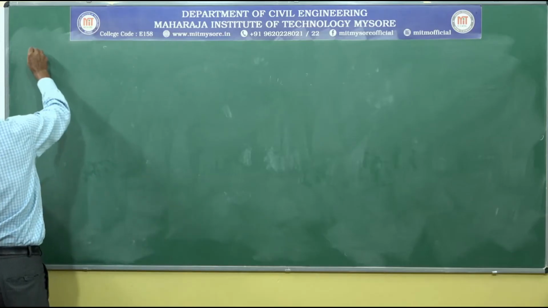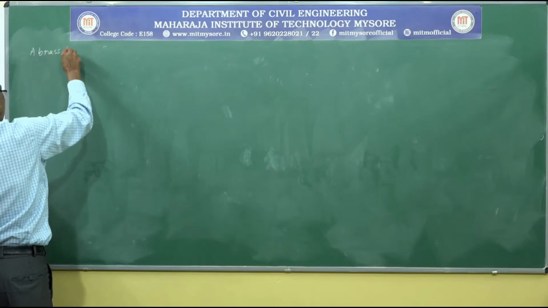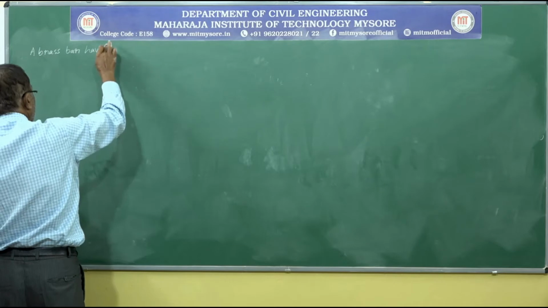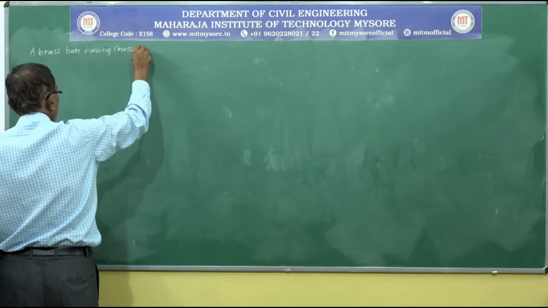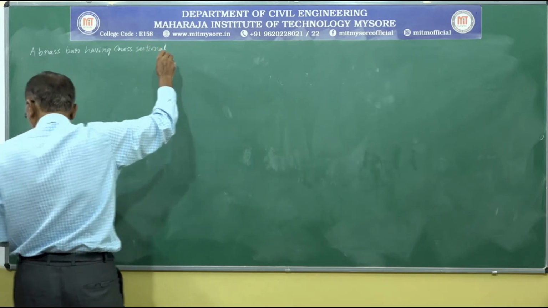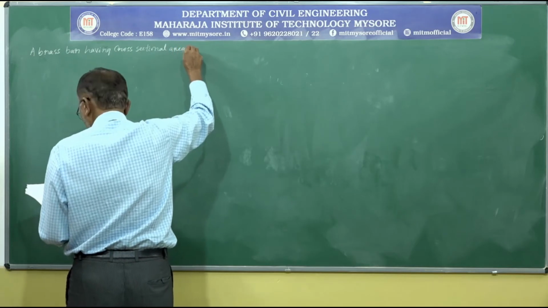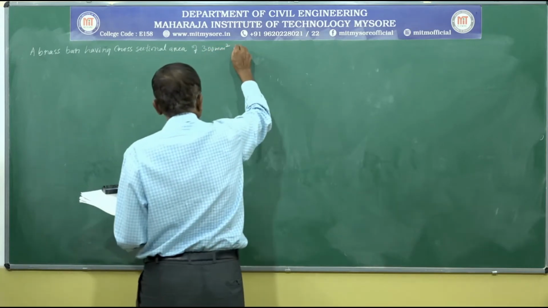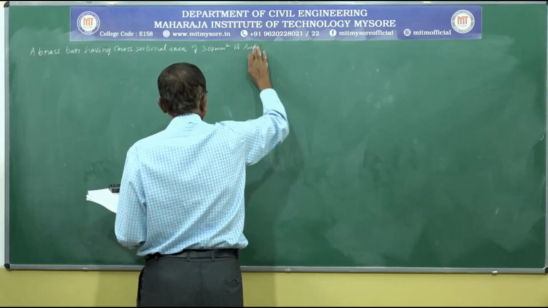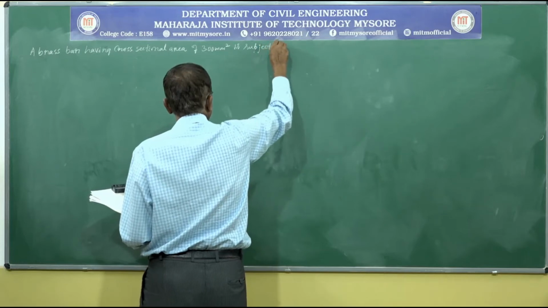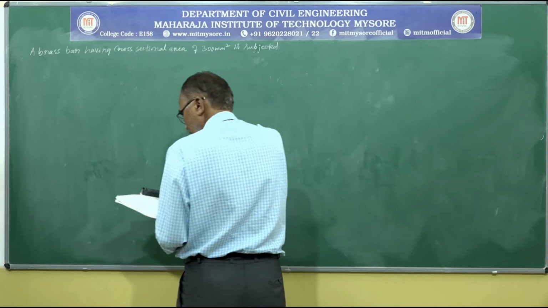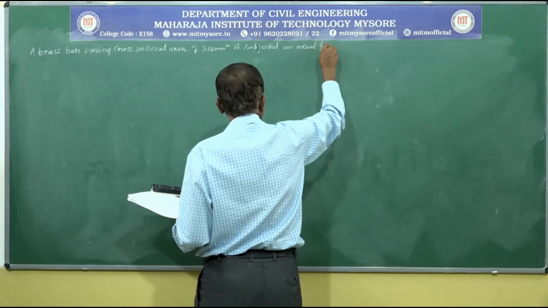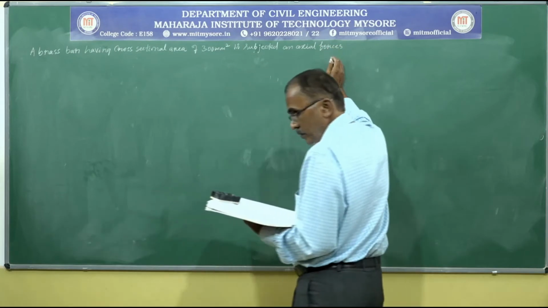A brass bar having a cross-sectional area of 300 millimeter square is subjected to axial forces as shown in the figure.